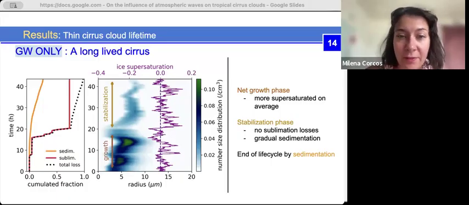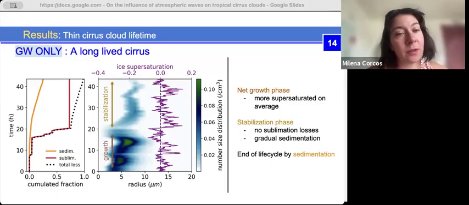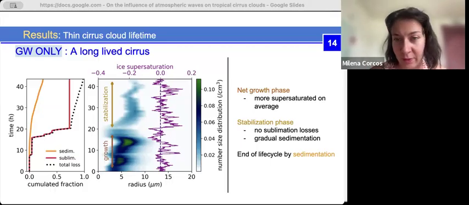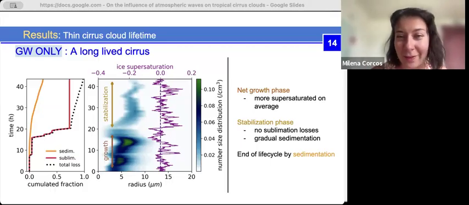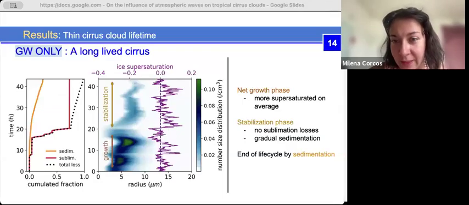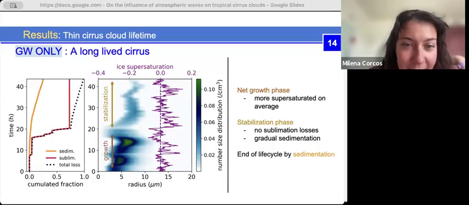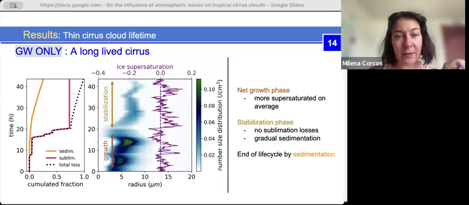During the first 15 to 20 hours, the gravity wave fluctuations induce an overall supersaturation, not much, as you can see by the ice supersaturation that is represented in purple. So it's a very small saturation, not much. And it still results in a growth of the crystals that can grow from around 4 to 8 microns.